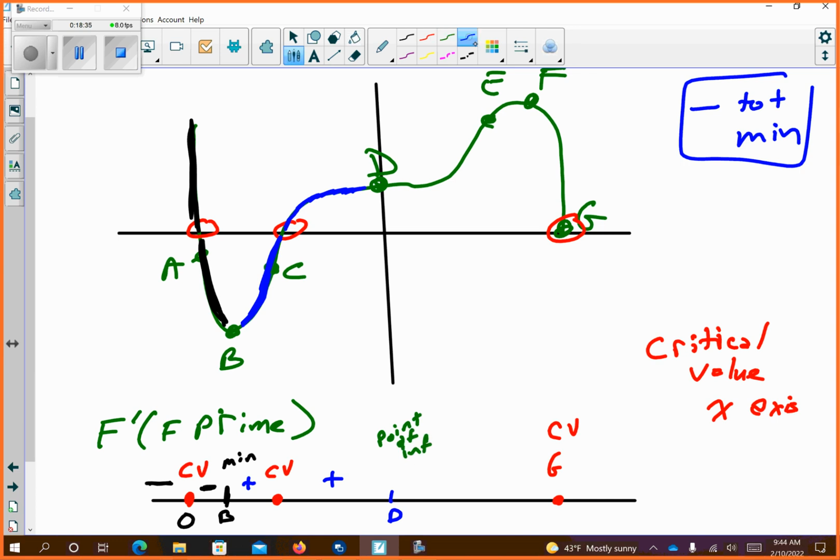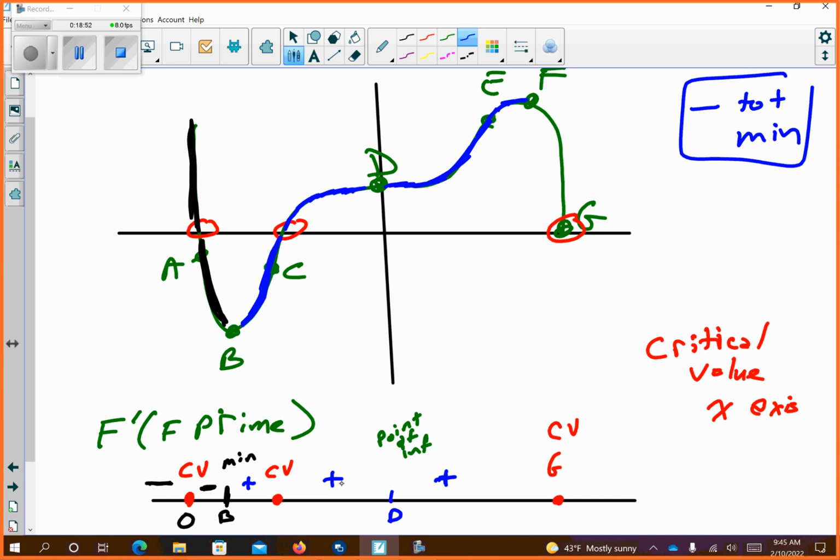Because if I continue on this path, I flip to the other side of the line, but all the way up here, we're going to keep a positive slope. Okay?